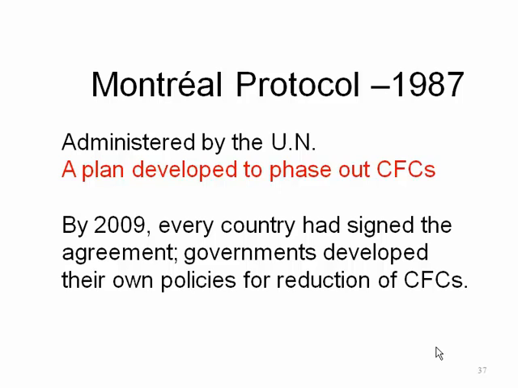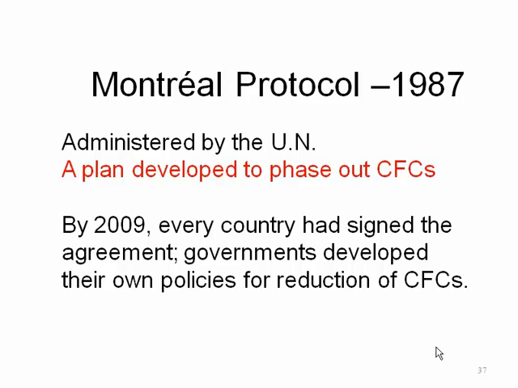And in 1987, the Montreal Protocol was adopted by participating countries. The United Nations organized and convened the meetings to set this up, and they developed a plan to phase out use of chlorofluorocarbons.